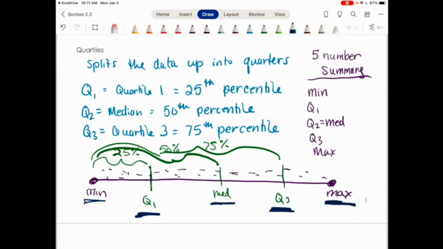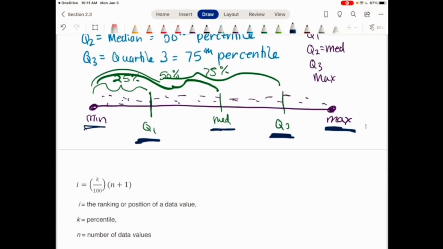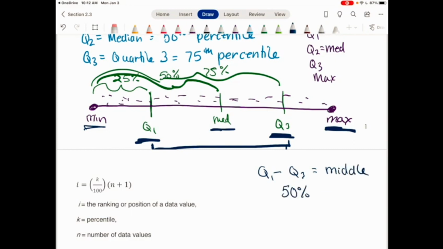5-number summary. Now, when I look at the center values between Q1 and Q3, Q1 to Q3, that's going to be the middle 50% of the data.